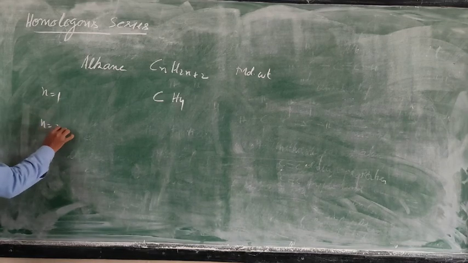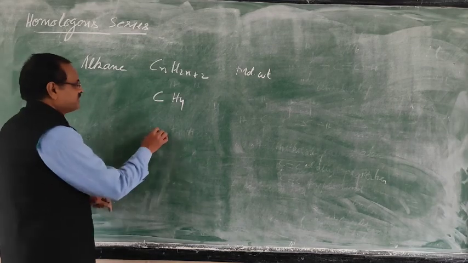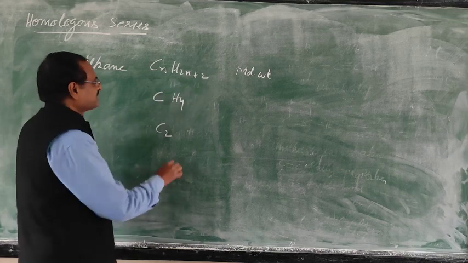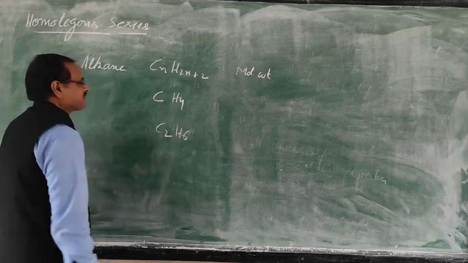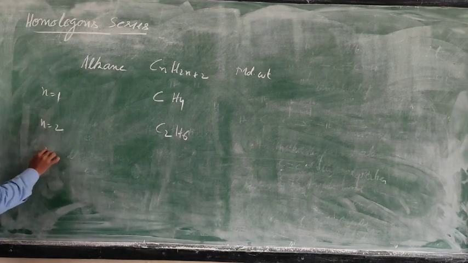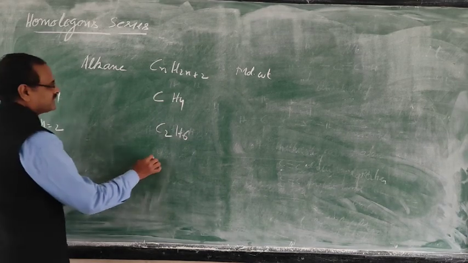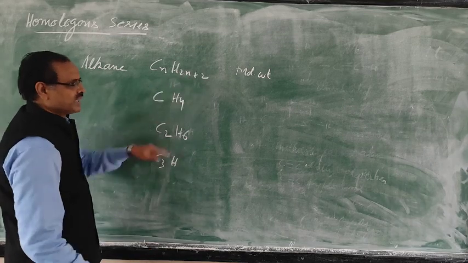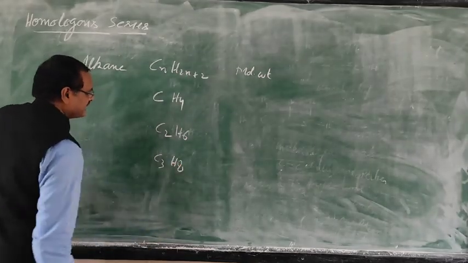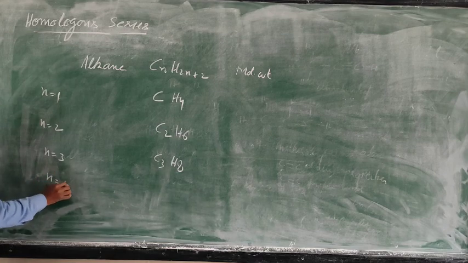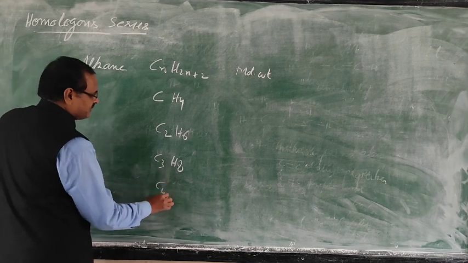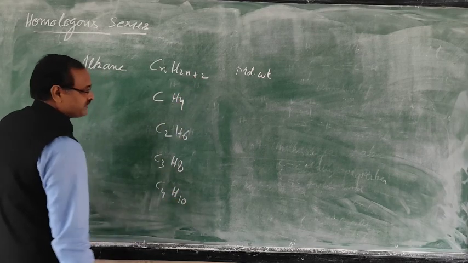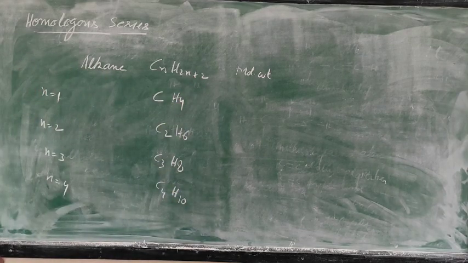Now n is equal to 2, then C2, and 2 twos are 4 plus 2, 6, C2H6. Then n is equal to 3, then C3, 3 twos are 6 plus 2, 8, C3H8. Then n is equal to 4, C4, 4 twos are 8 plus 2, 10, C4H10.